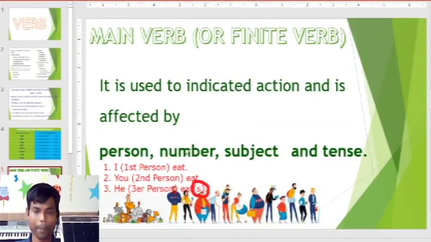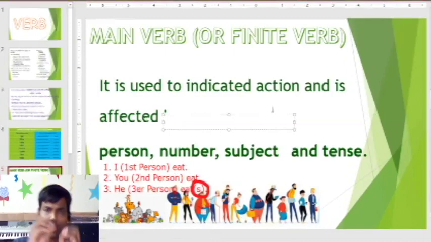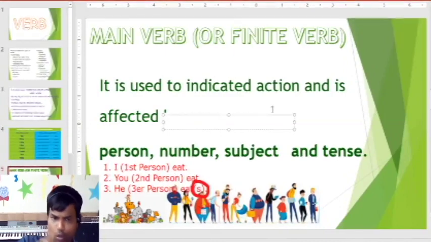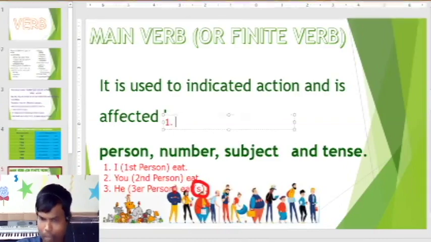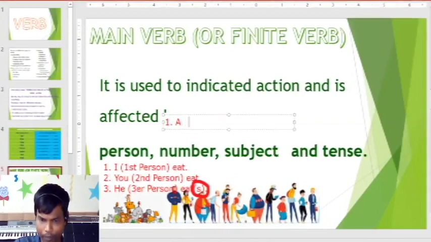Clear? Now, next one is number. How number is affected. Fine. Now, what do you understand by number? Number means two numbers. Singular number, plural number. Number 1, singular number. Take the example boy. A boy. I will use the same verb eat.